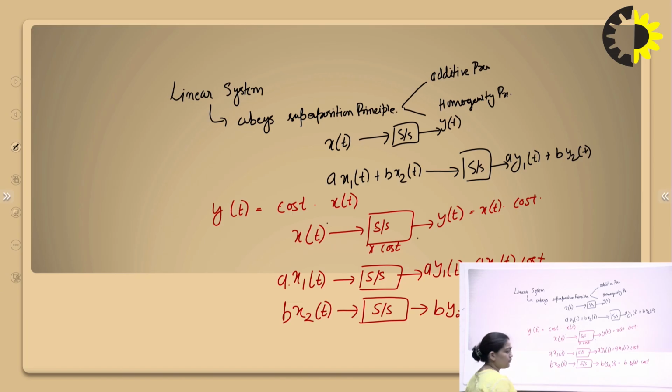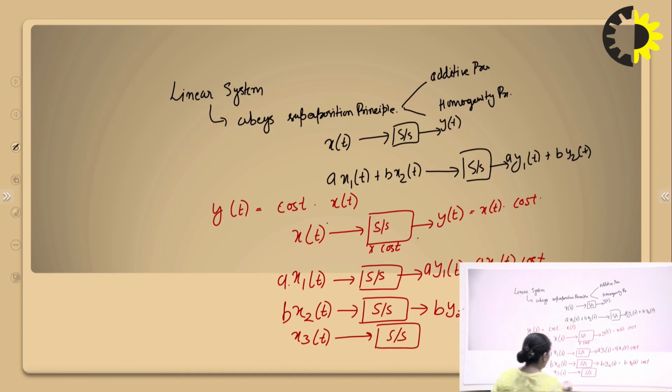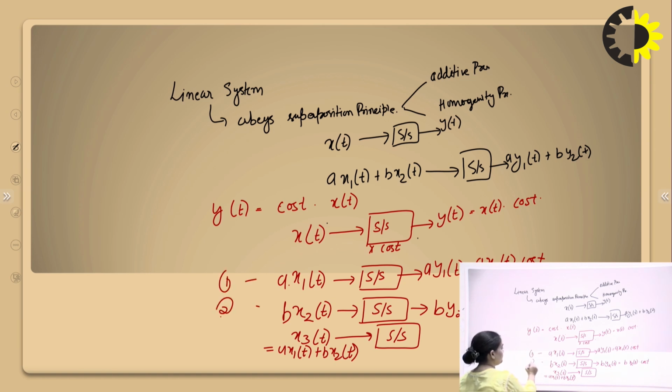Now suppose there is x3(t) given into the system, and x3(t) itself equals a of x1(t) plus b of x2(t), a combination of the above signals, equation 1 and equation 2.